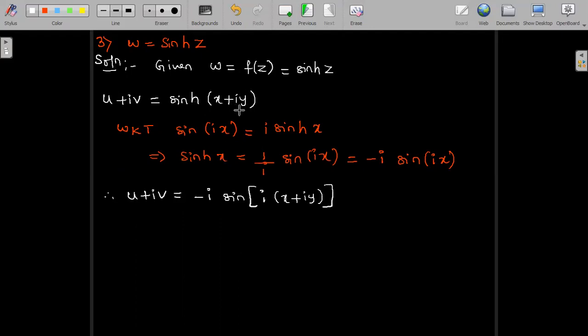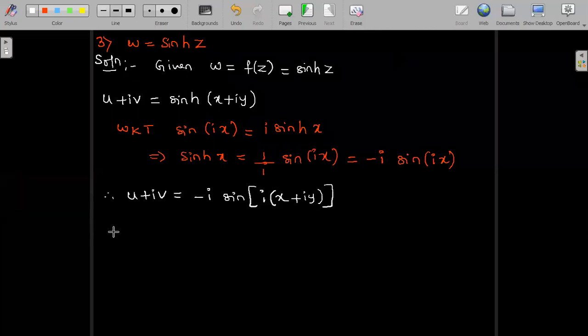Sine hyperbolic of x plus iy we want. So in place of x, I have to replace everything by x plus iy in the required expression in terms of the trigonometric. So minus i into sine of this, I am retaining as it is. x is replaced by x plus iy because I need to write down an expression for x plus iy term. Correct?